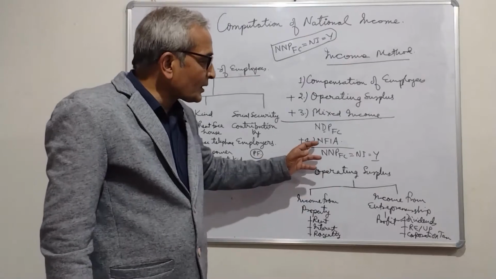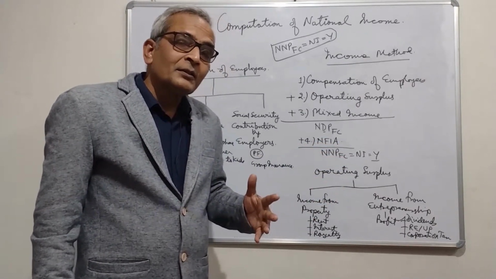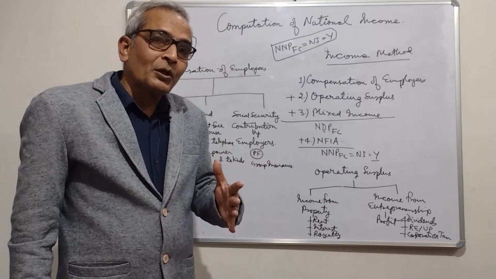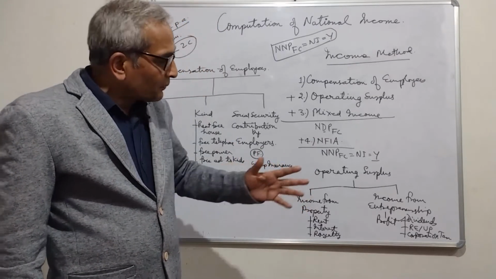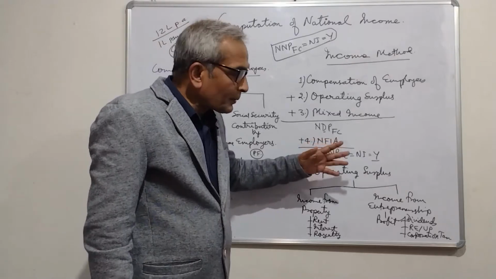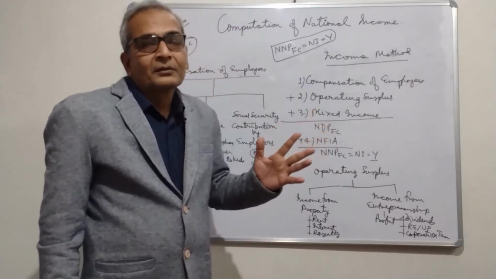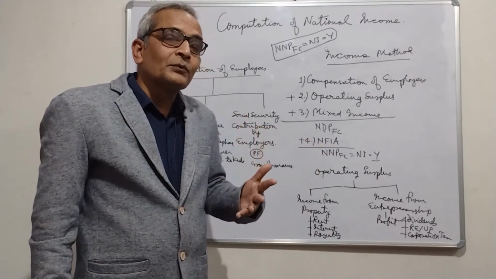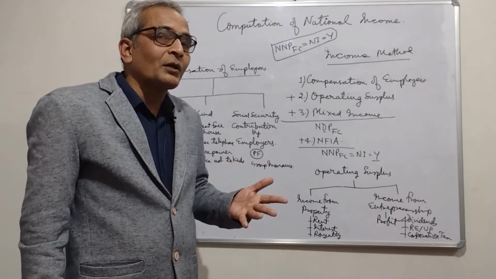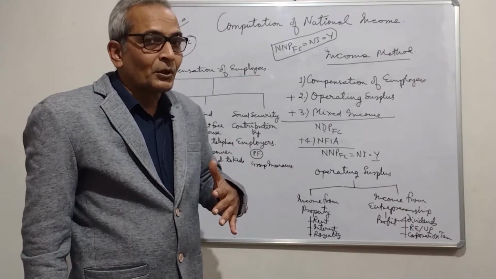So net factor income from abroad is factor income from abroad minus factor income to abroad. So if net factor income from abroad is given, no problem. If it is not given, then we have to look for factor income from abroad and factor income to abroad.